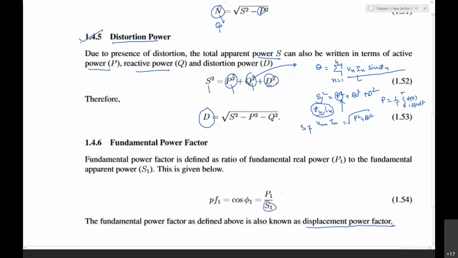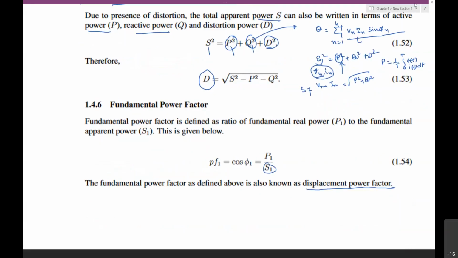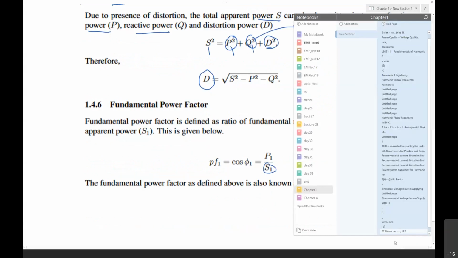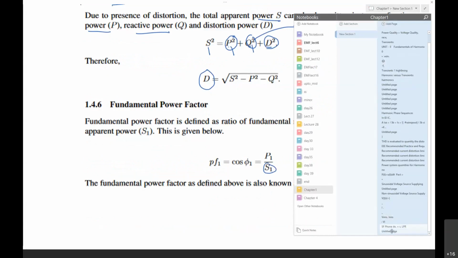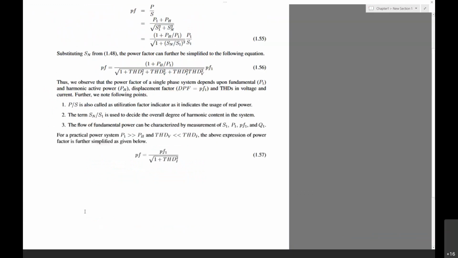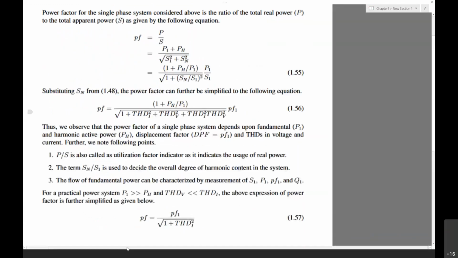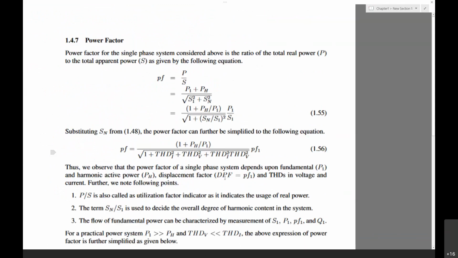Now in this equation, you can see the overall power factor for a single phase system is the total real power by the apparent power.